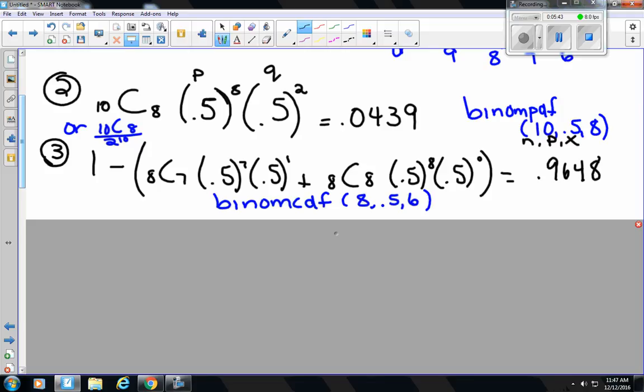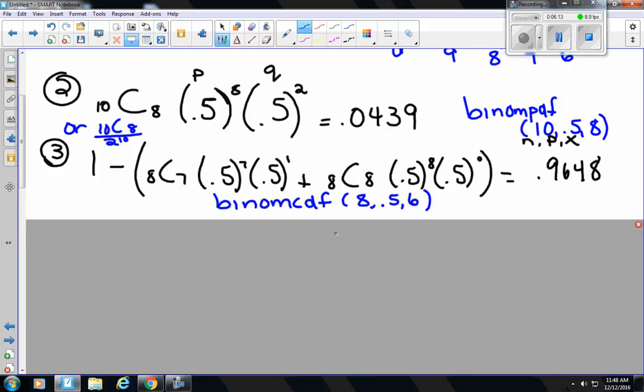If I was going to do this the long way, at most 6 means none of them, 1 of them, 2 of them, 3, 4, 5, or 6. How many different calculations is that? That's 7 different calculations. Or I could do 7 and 8 and subtract them from 1 because that's the complement.